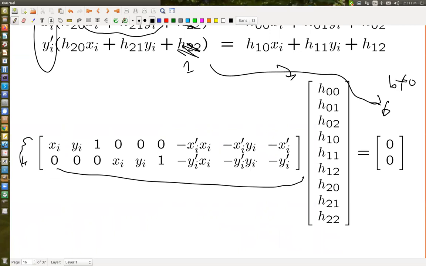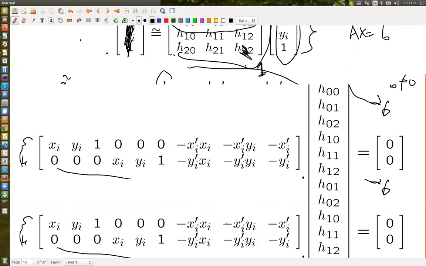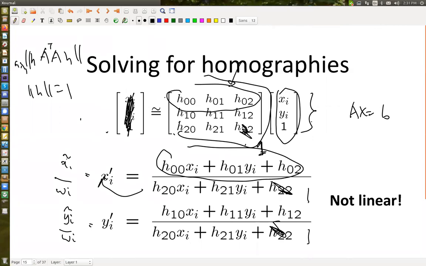I have one variable fewer left, so it's similar to before: A transpose x equals b, solve that. But the solution for this is not as stable or robust as the solution for the other one. Therefore I go for the other one. Okay, that makes sense, I got it.